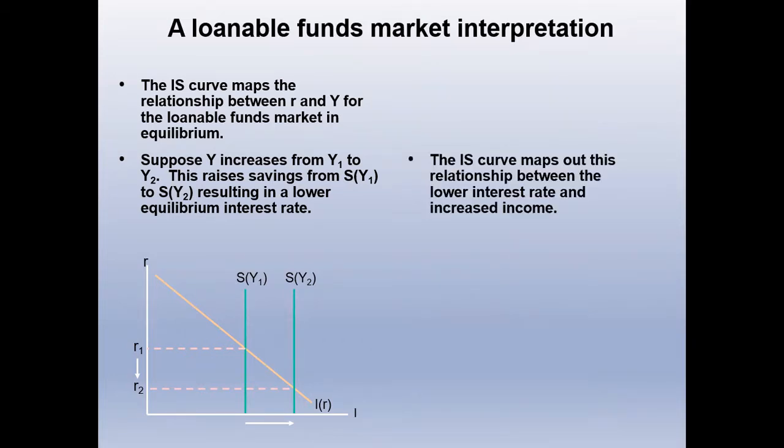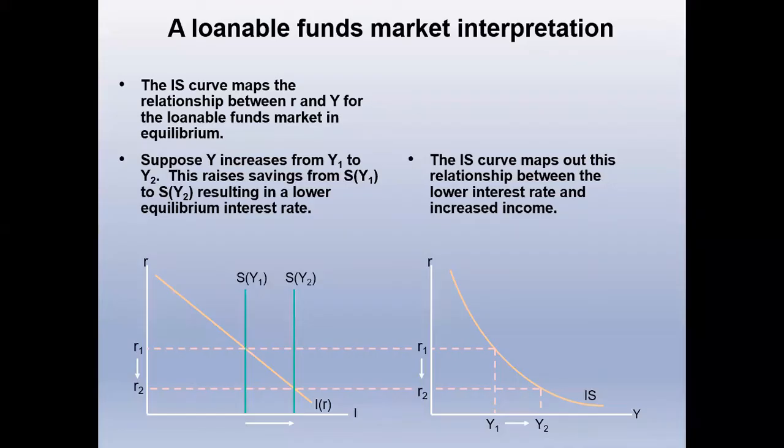So this means we have enough liquidity, and this amount of money will affect the IS curve. So I will drop the interest rate because I have a lot of liquidity. So the output will increase, and this is the effect of the loanable fund.